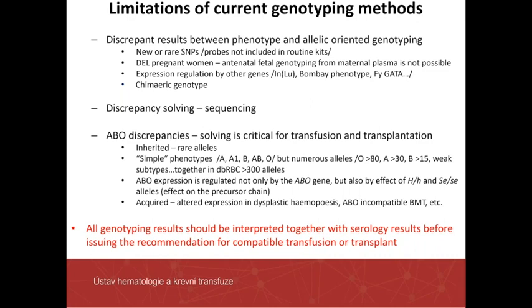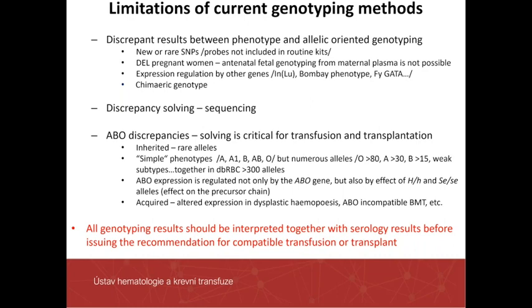The ABO system is typical in that it has simple phenotypes, only sugars: N-acetylgalactosamine specific for A, D-galactose for B, and no sugar in case of blood group O. But we have numerous alleles, more than 80 alleles for non-functioning transferases in the O phenotype, 30 alleles for A, 15 alleles for B, and dozens of alleles for weak subtypes.